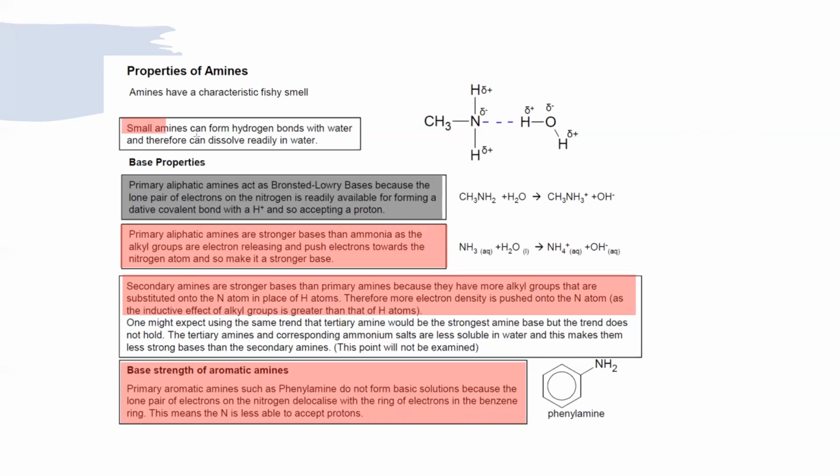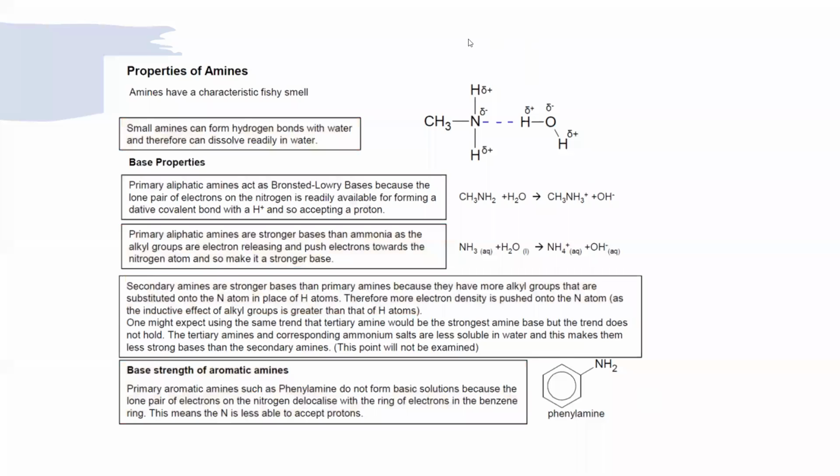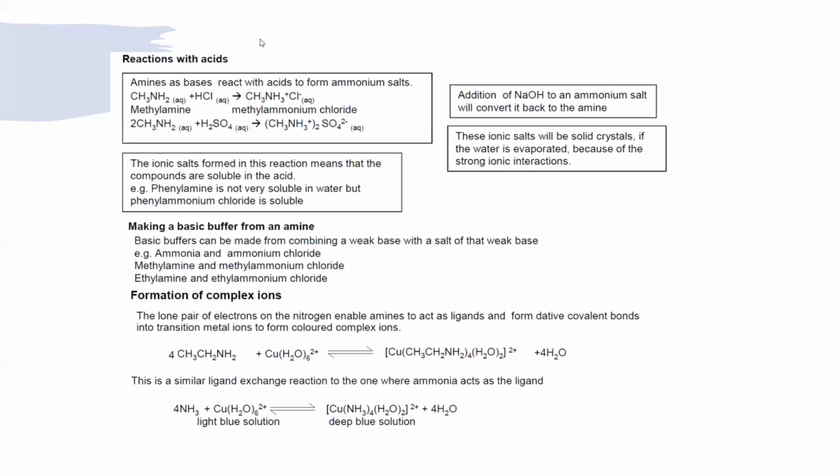So copy this part, the characteristics or properties of amines. Reactions of amines: as we know, aliphatic amines can act like a base, so an acid-base reaction can occur. An amine as a base reacts with an acid to form an ammonium salt.